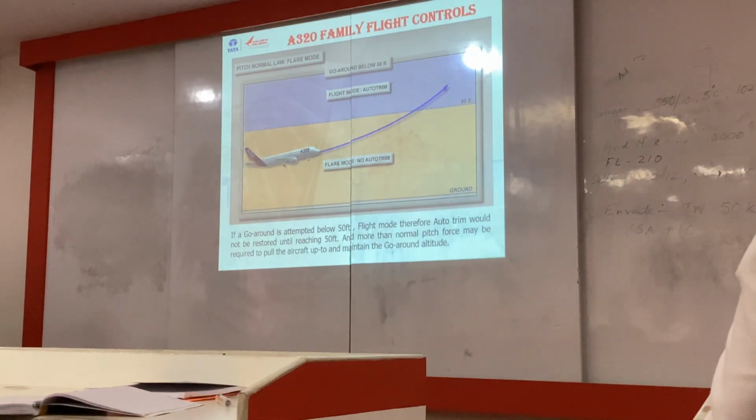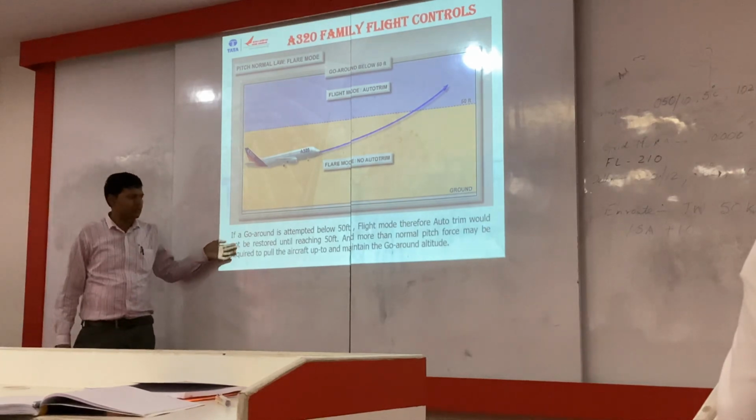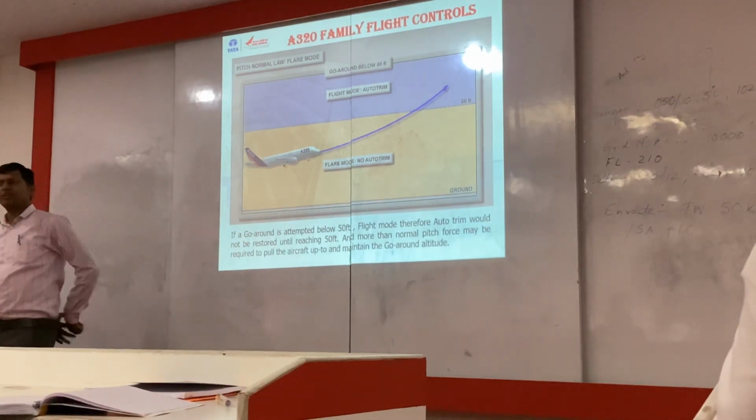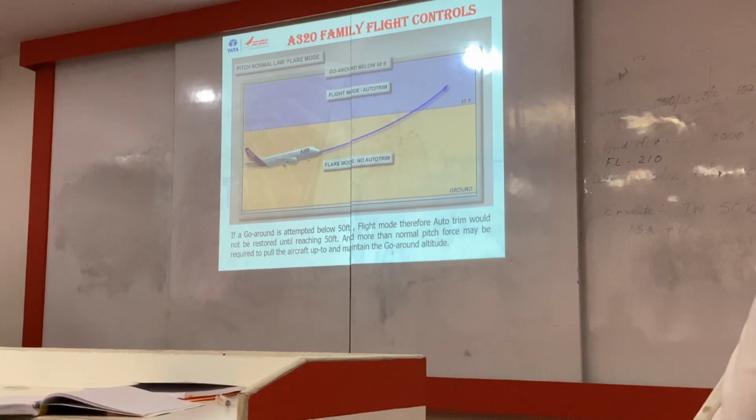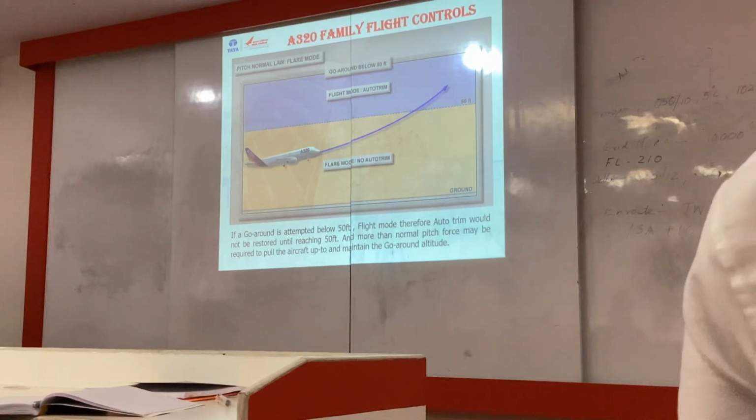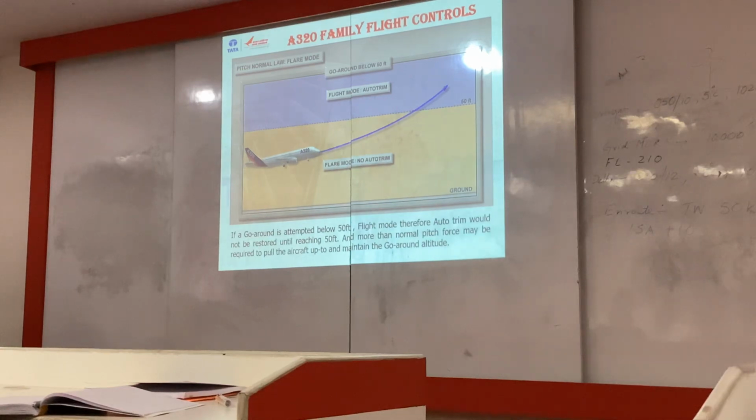If I go around, in case something went wrong and you have to make a go around. So if a go around is attempted below 50 feet, is it possible to go around below 50 feet? Yes. Any condition? Reversers are not. Below 50 feet means taxi. Isn't it or not?